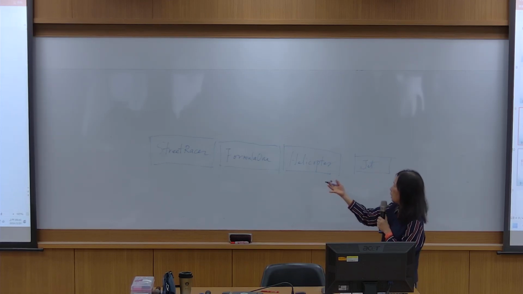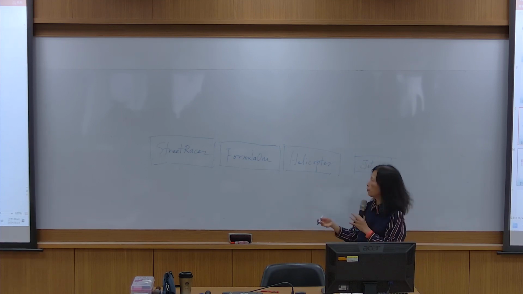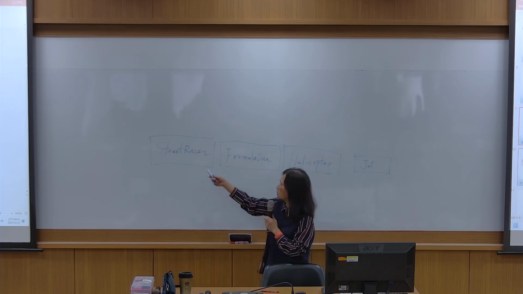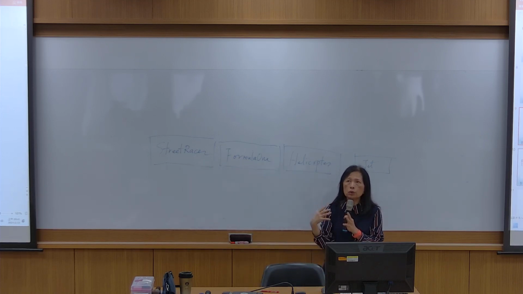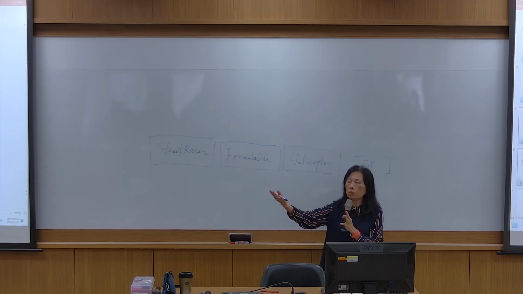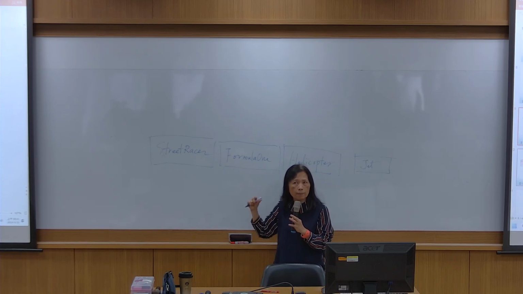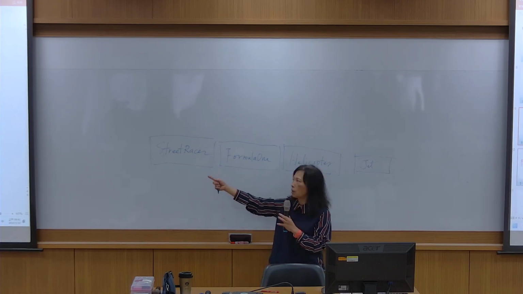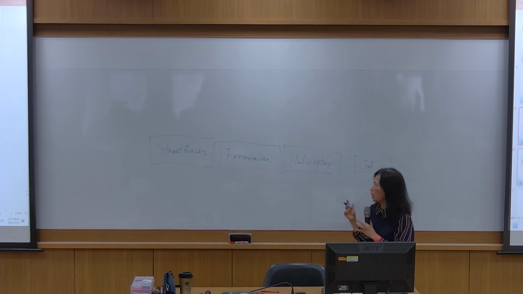So now we have four types of transportation tools, and we can suppose that because they belong to the transportation category, they might have similar attributes and methods, like speed, right? So it might have speed, right?